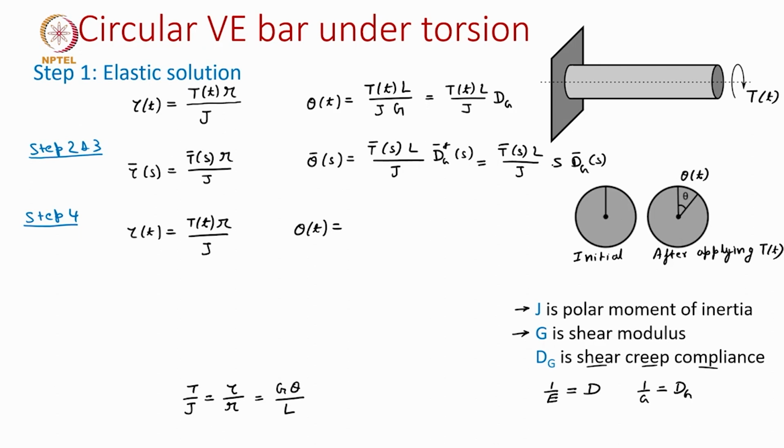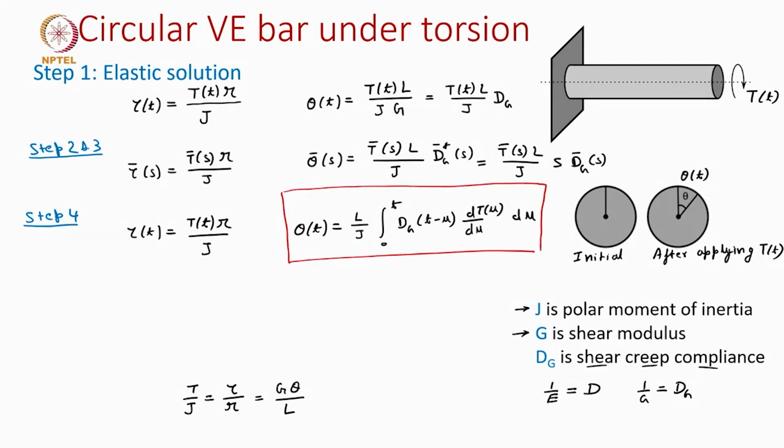Now we can use the convolution integral to write it as L by J times D of t minus u times dT by du of the applied torque T of u times du. So, this formula should help us find the rotation angle theta for the viscoelastic problem.